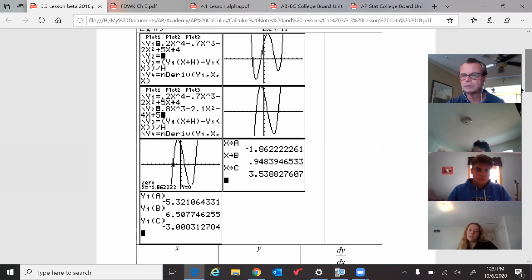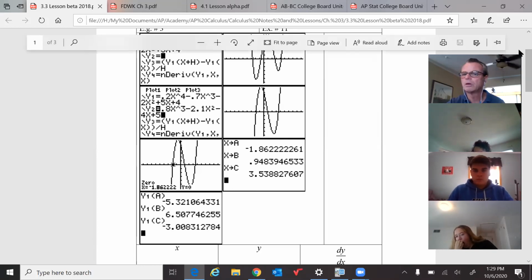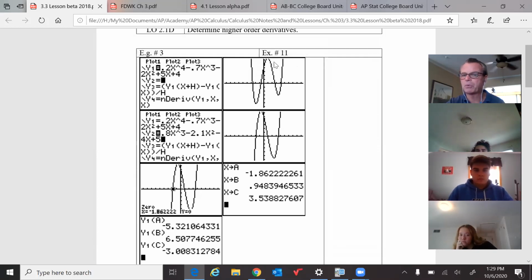that T-chart gives you the value of the parent graph where the derivative was 0, where the graph stopped falling and started to rise, where the graph stopped rising and started to fall, where the graph stopped falling and started to rise.